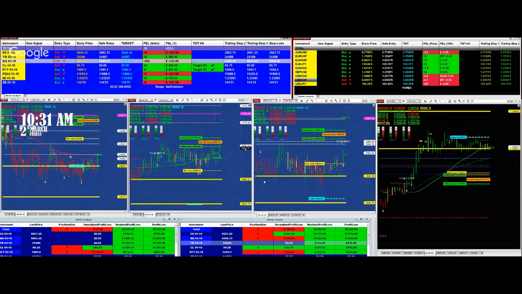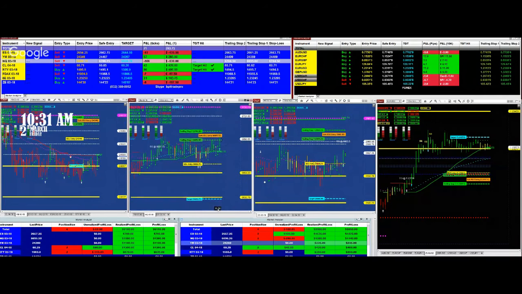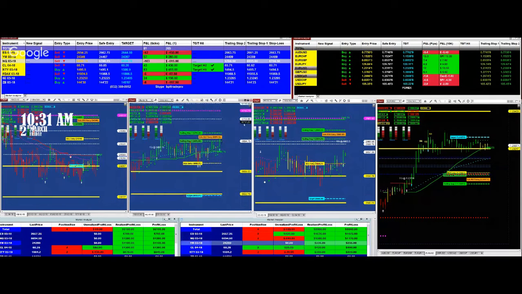It's not going to be every time, but this is an entry on the pullback. If we look at the NASDAQ, we can see how the market pulled back to the re-entry level. The auto trade takes the entry and target only, but the re-entry can be done manually.